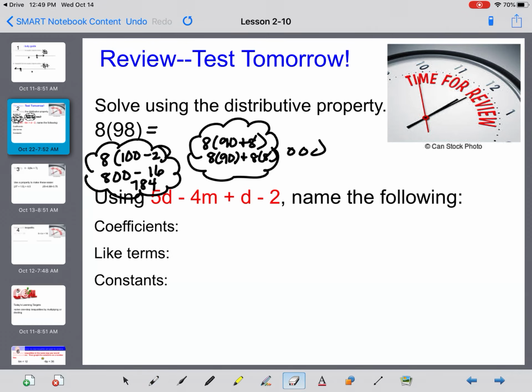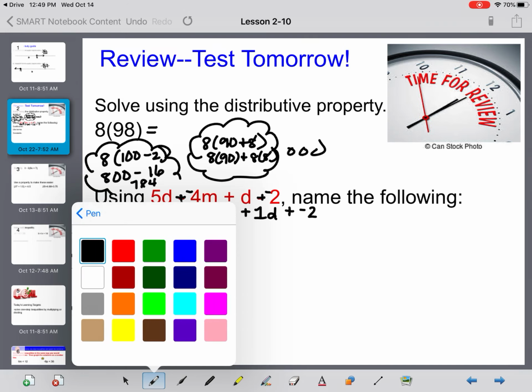Okay. Next, using 5d minus 4m plus d minus 2, name the following. Remember, when you're naming these parts on your test or anywhere, you want to rewrite these as adding the opposite if there's any subtraction. Now, I realize that some of you just sneak it in here like this, and that's okay too. What are my coefficients?